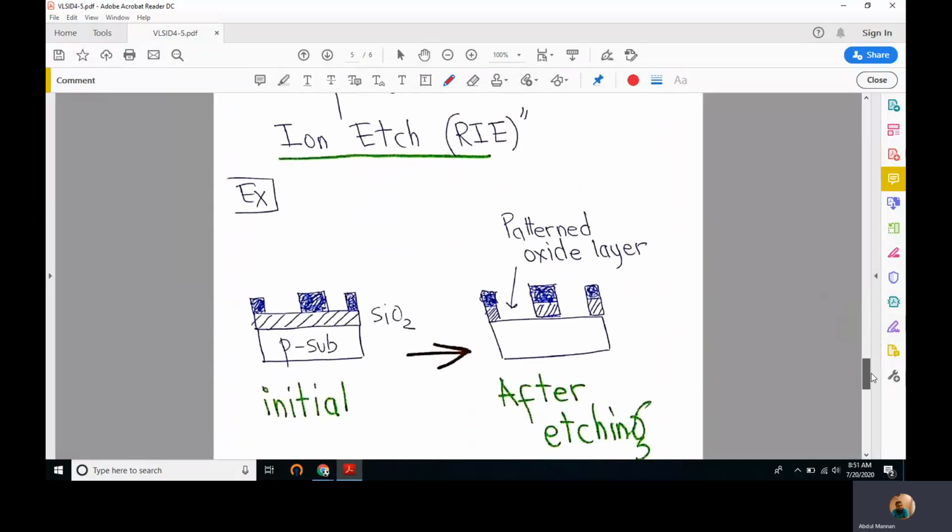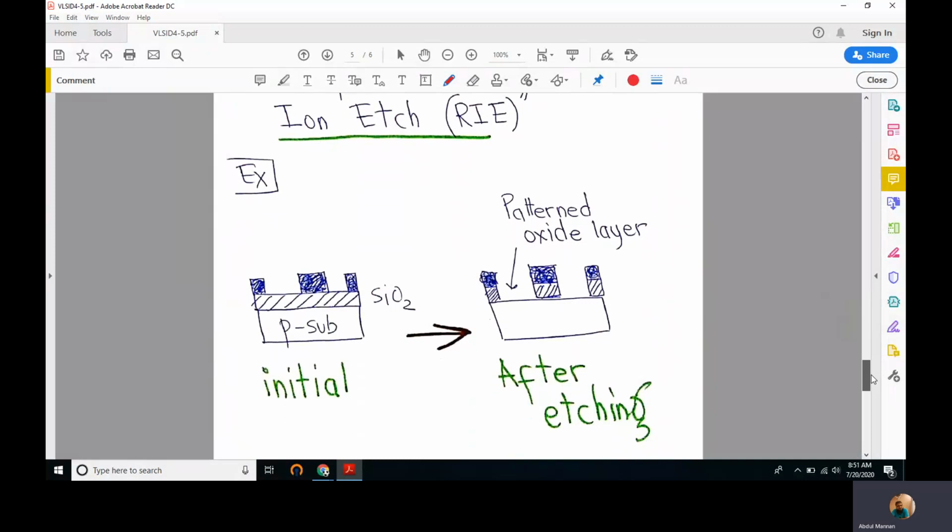For example, if we want to make a pattern where on top of a P substrate we already have a silicon dioxide layer, and for certain portions we want to remove this layer, even the silicon dioxide layer. This patterning is carried out using the RIE technique.